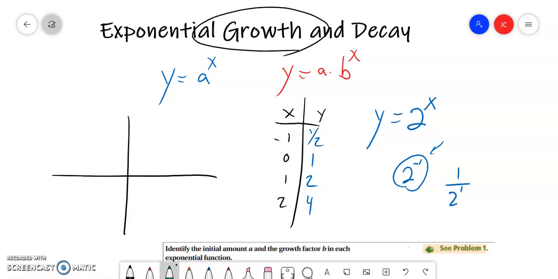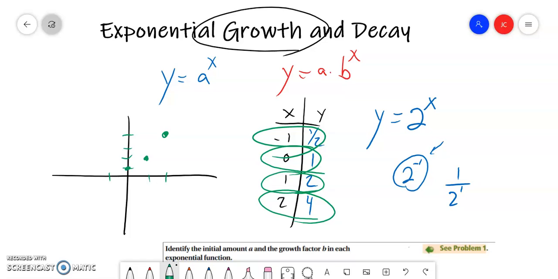And if we started to plot these points, let's start down here. If x is 2, y is equal to 4. If x is 1, y is 2. If x is 0, y is 1. And then finally, if x is -1, y is positive 1/2.